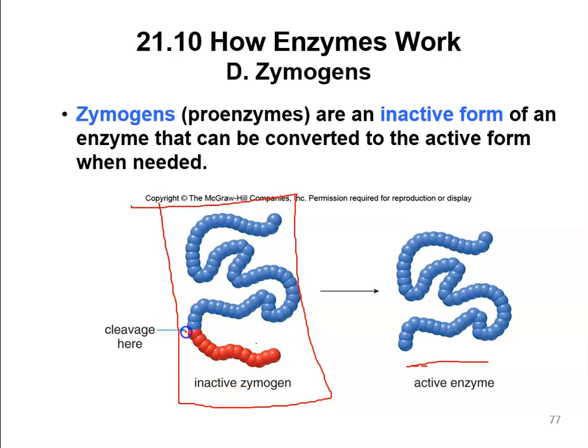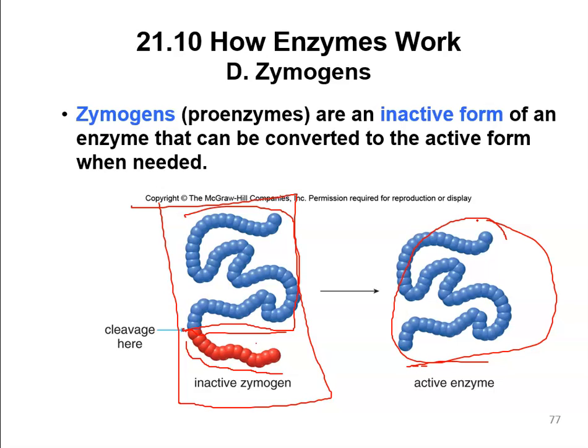The whole point of this is that it is the enzyme, except it has a little piece of amino acids on the tip of it, which prevents it from actually being active. It gives it a tertiary and a quaternary structure that is the inactive form. Then our bodies have enzymes that will cleave that off when we need it, and then it recoils into the active form.